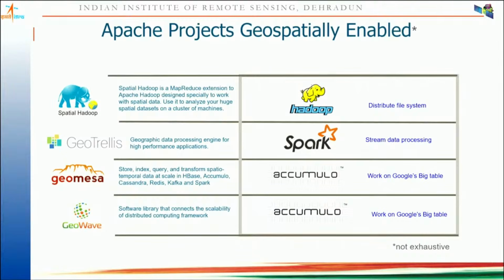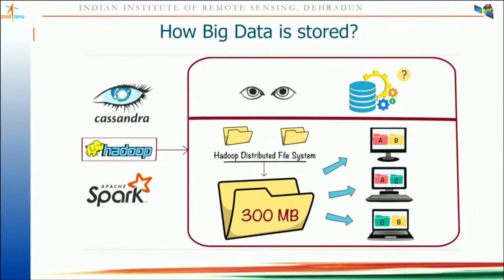And there are a number of tools available under this project called GeoMesa. And then we have a software library, basically called GeoWave, which is a distributed computing framework where you can develop a lot of scientific models and scientific data analytics techniques on top of the library. So these are some of the products which you can take for your geocomputation requirement on top of this big geodata.